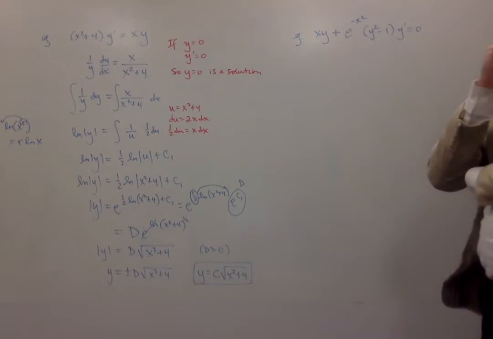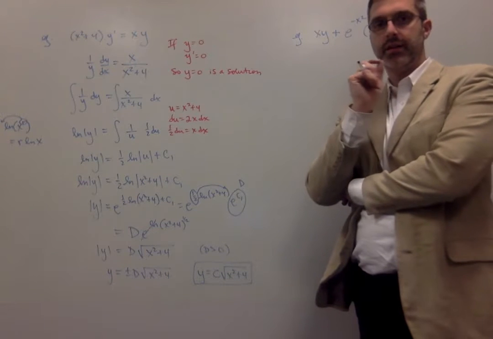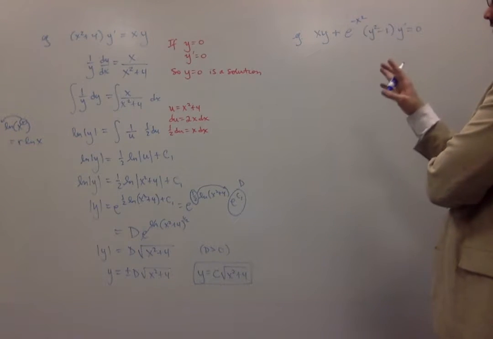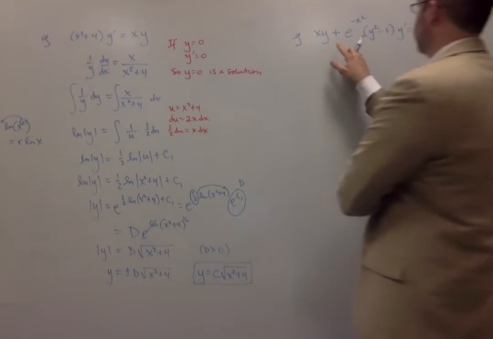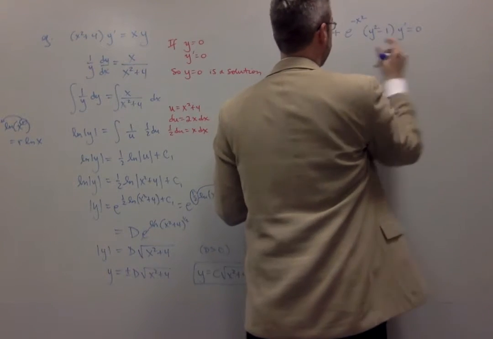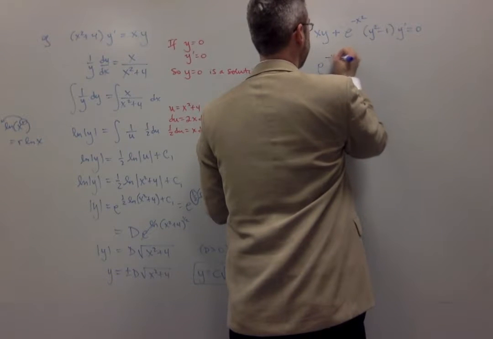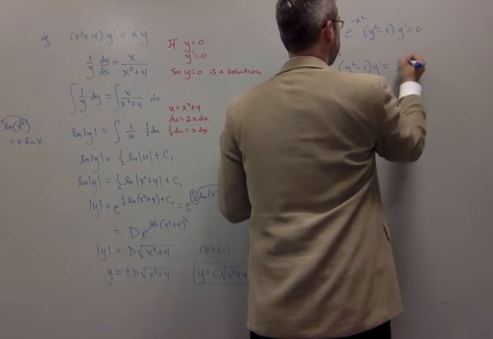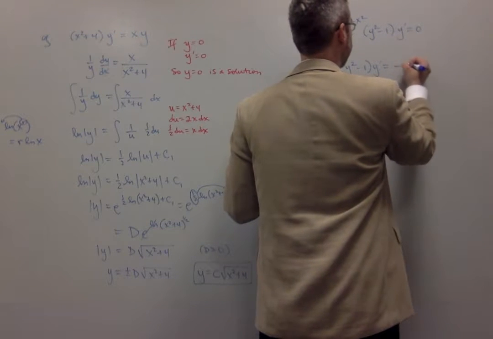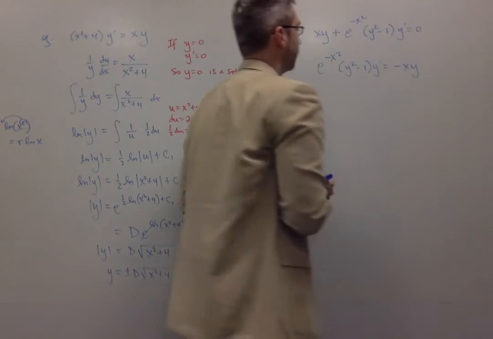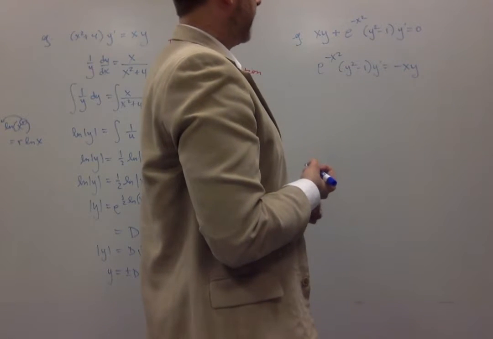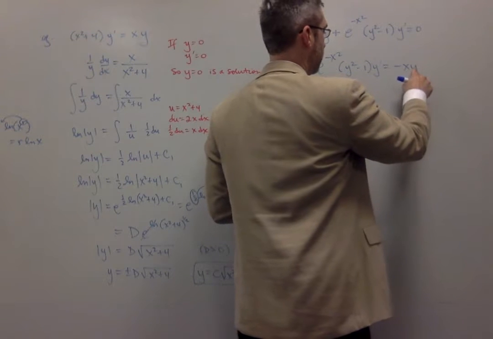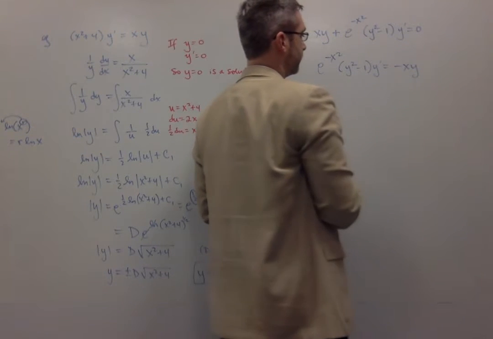So again, the first thing that I'm going to do is work on trying to get all the y's on one side and x's on the other. So let's put this xy on the other side. So we've got e to the negative x squared times (y squared minus 1) times y prime equals negative xy. Now let's move the y over here.